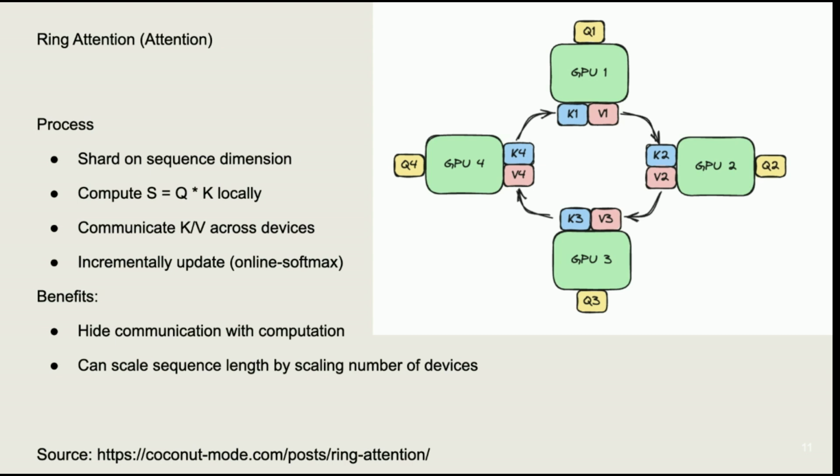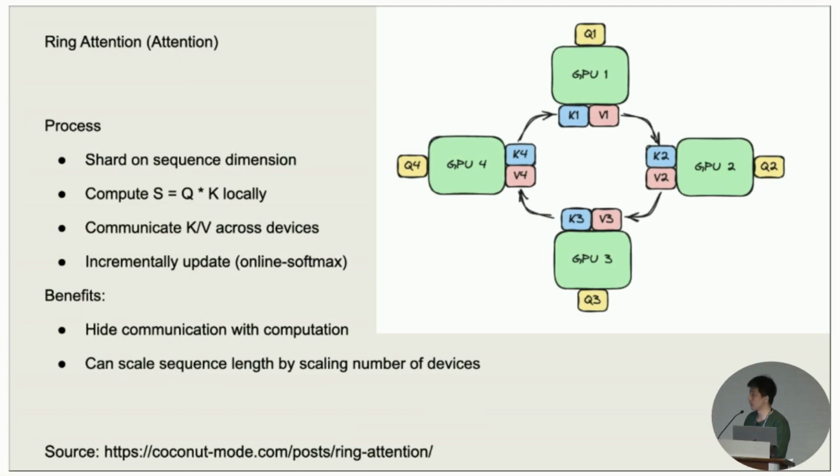Let's say we're training on 128K sequence lengths with 16-way sequence parallel sharding. If you want to scale to 2x the sequence length, you can just use 32 devices. Basically, it's linear in terms of the devices, and the memory bottleneck on each of the devices will remain the same.